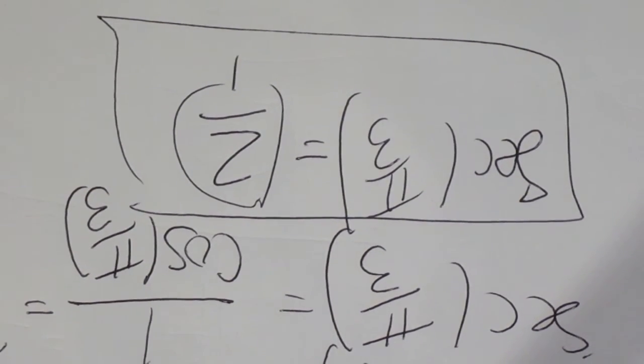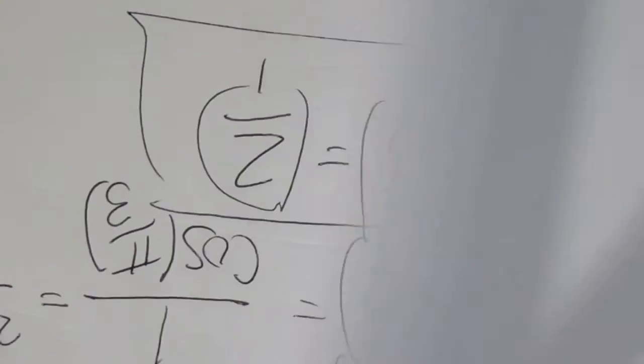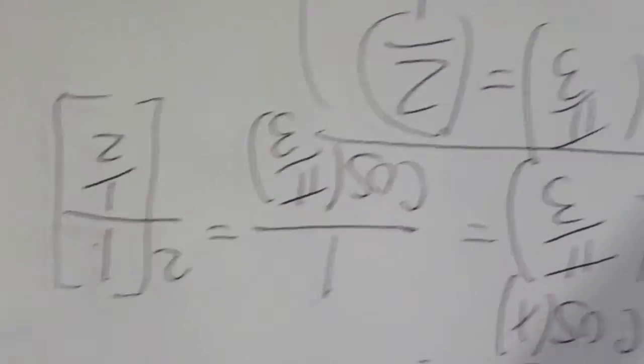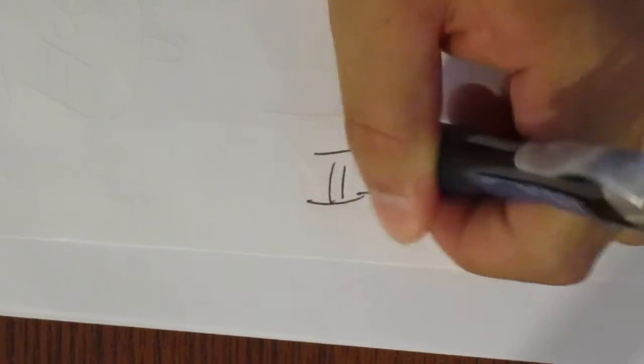What about cotangent? Let's try cotangent of 5 pi over 6.